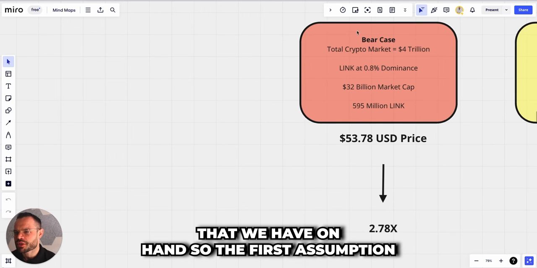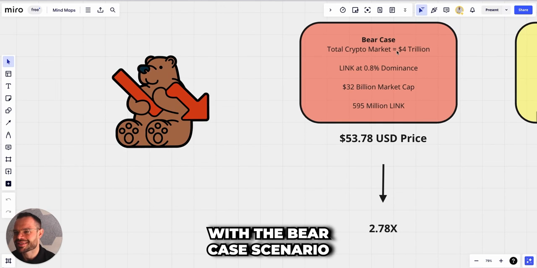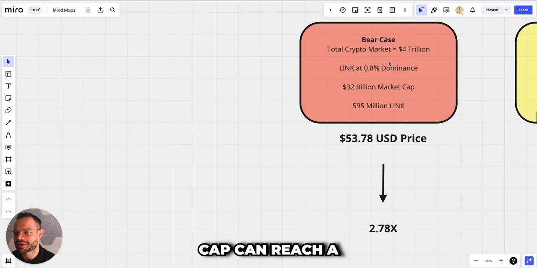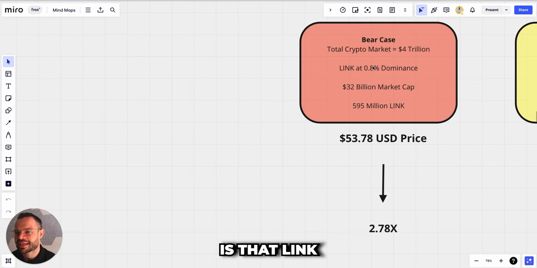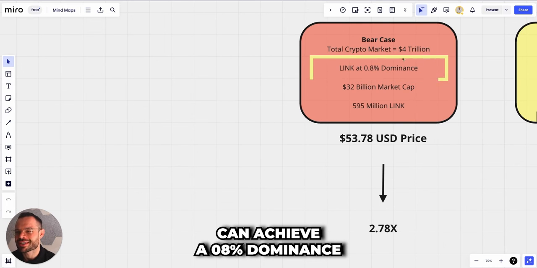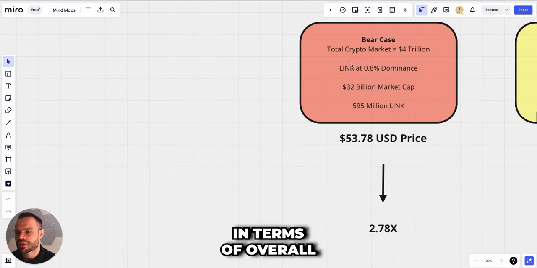So the first assumption that we're making here with the bear case scenario is that the total crypto market cap can reach a peak of around $4 trillion US. Then what we're saying is that Link can achieve a 0.8% dominance in terms of overall dominance versus the rest of the market.